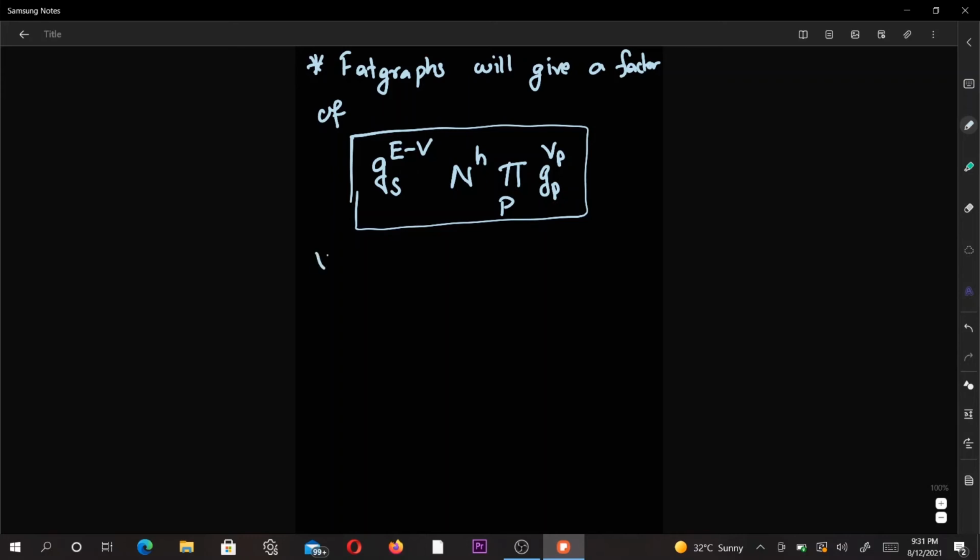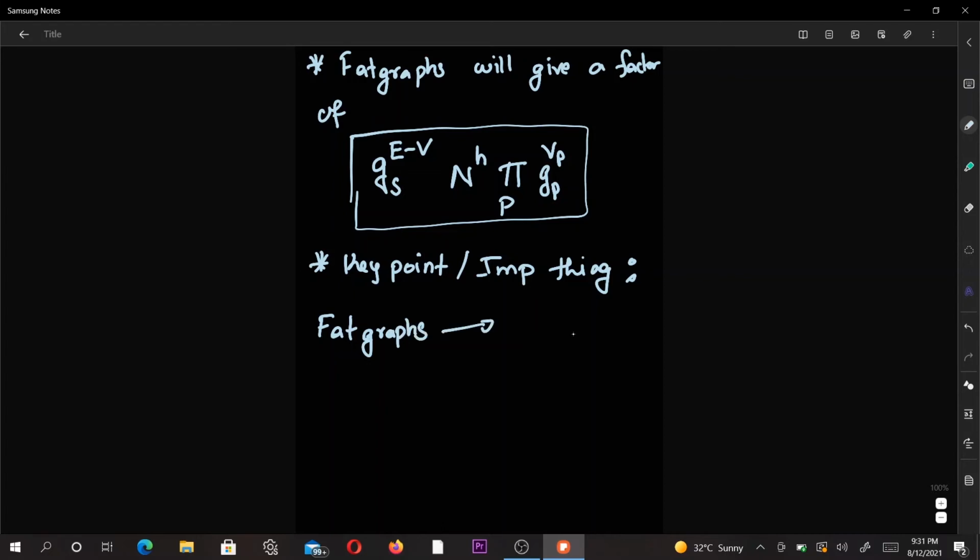Okay, so the key point, or important observation, in this analysis is that fat graphs are considered as surfaces with holes. That is, they can be considered as Riemann surfaces.